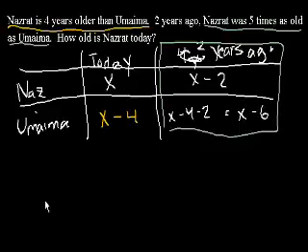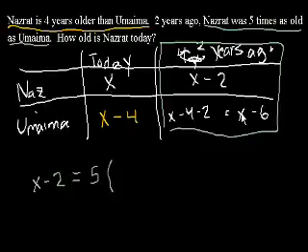Let's write that down. Nusrat was X minus 2, 2 years ago. We get that from the chart. And that sentence tells us Nusrat was 5 times older than Umama was 2 years ago, and Umama 2 years ago was X minus 6.